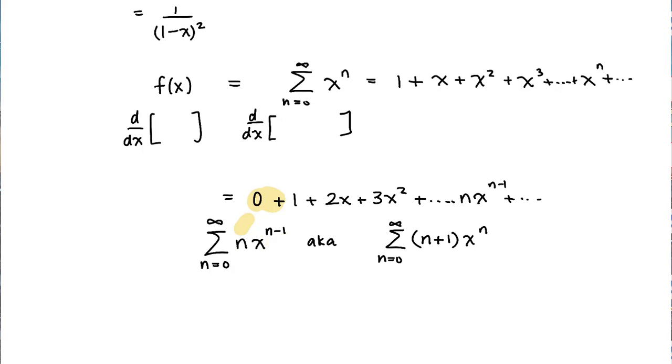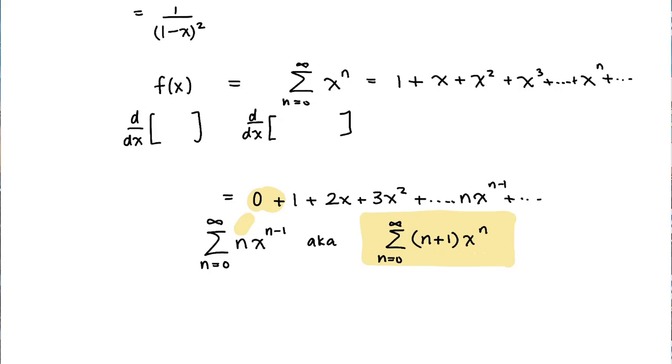So which formula would a textbook go with? A textbook is going to go with this one, because that plus 0 is really unnecessary to express. So this is the cleaner power series representation, if you will.